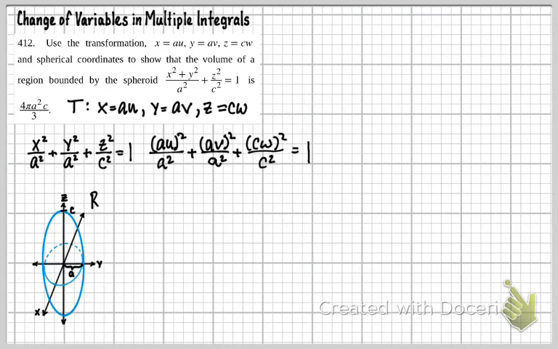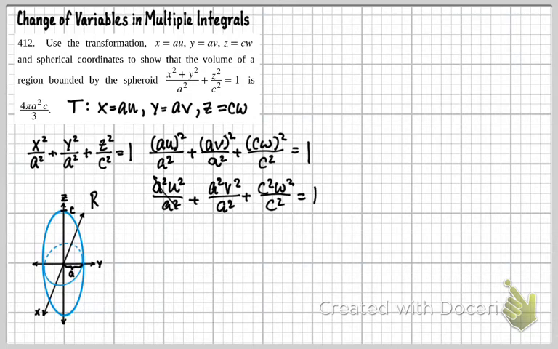Now when I multiply this all out on top, I'm going to get a squared times u squared over a squared plus a squared v squared over a squared plus c squared w squared over c squared equals 1.